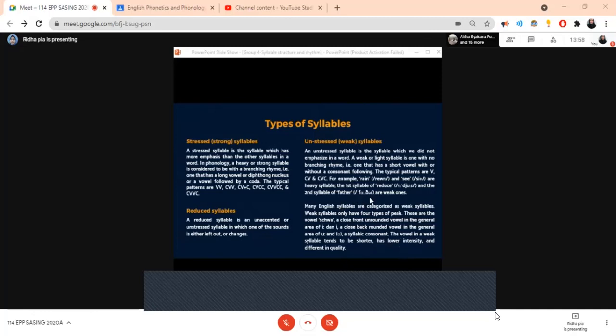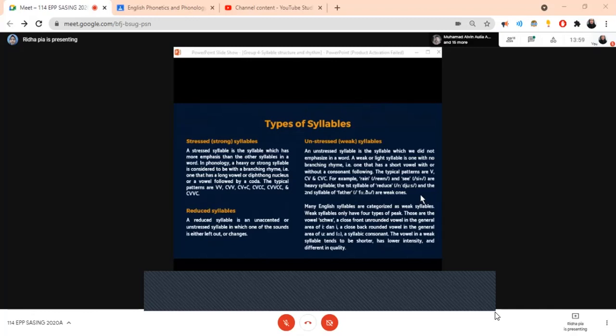So father. The fa is emphasized. So a stressed syllable is a syllable that has more emphasis, and sometimes you say it with a louder, higher pitch. The unstressed syllable is a syllable which we do not emphasize in a word, so we just read it like a monotone.